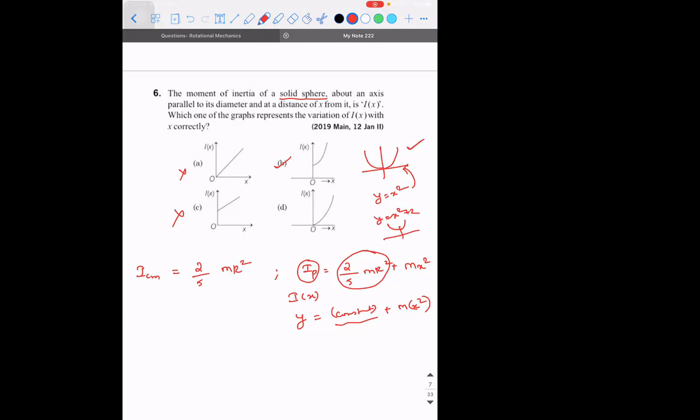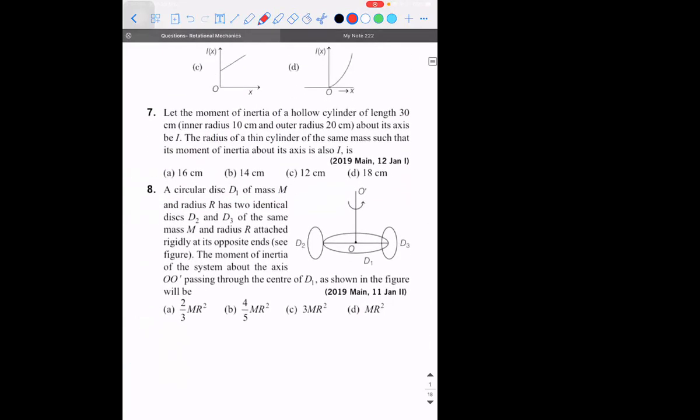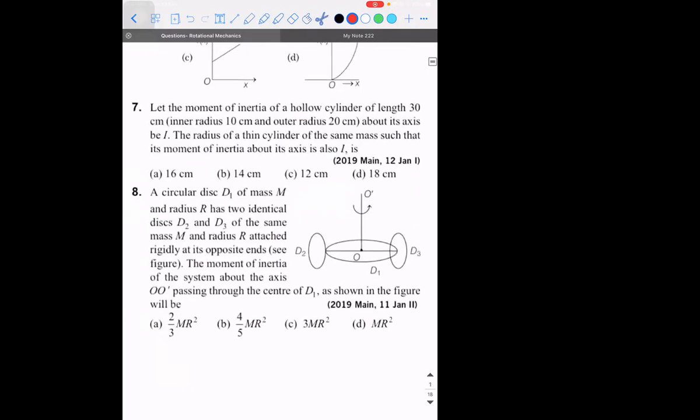Because x represents what? Distance. So distance cannot be negative. Do the seventh one.